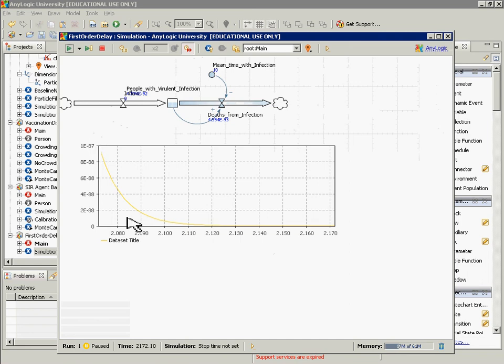Sorry? 1 over e to the x? Yes, 1 over e to the x, or e to the minus alpha t. Let us speak in temporal terms, ladies and gentlemen, where t is time. And it's nice to keep in mind that this is equal to 1 over alpha times time. So we have this drop-off that's exponential.